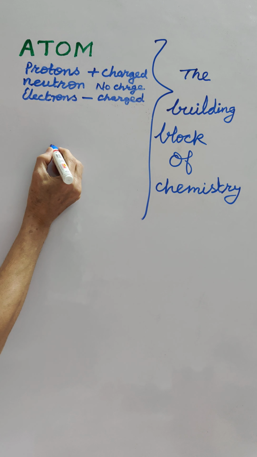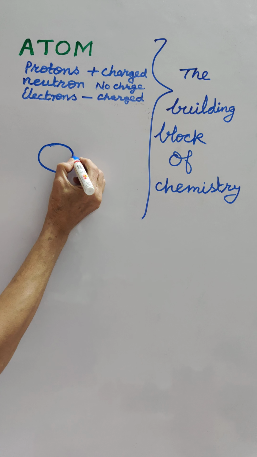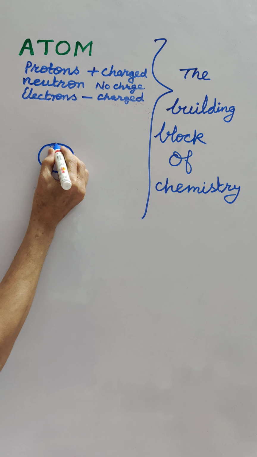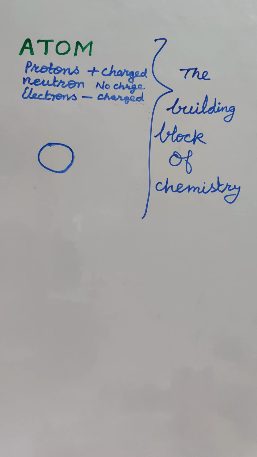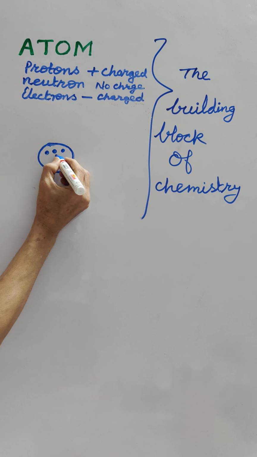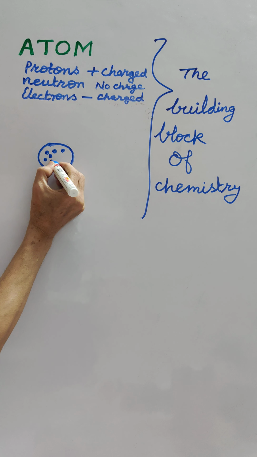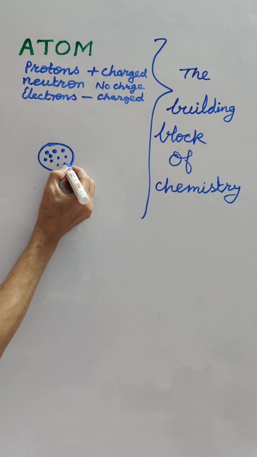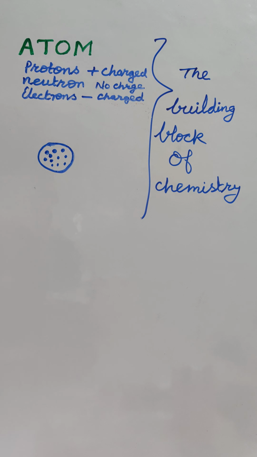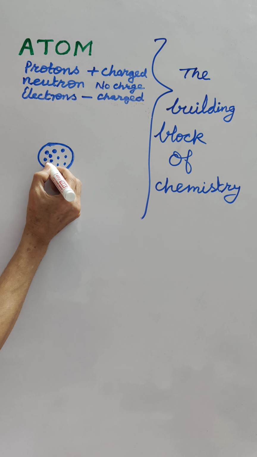Within the nucleus, this portion is called nucleus, there are protons and neutrons. Neutrons are neutral. Protons are positively charged.